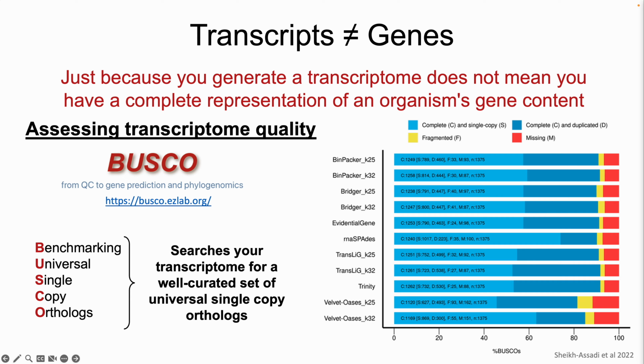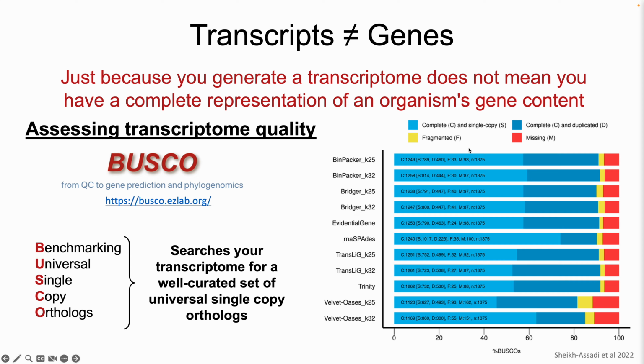What it will do is take your transcriptome, take the gene models for all of these single copy universal orthologs, and say how many of your transcripts are in that set. Okay? You can imagine if you have limited developmental time or limited tissue sampling, your transcriptome is probably not going to be very complete because you haven't sampled all the tissues or all the time points. But BUSCO will give you an indicator for how complete your transcriptome is.